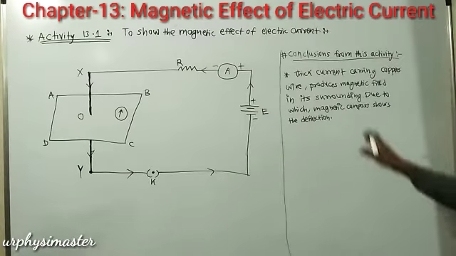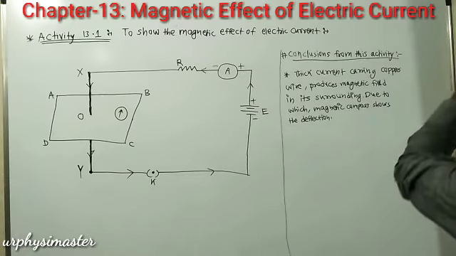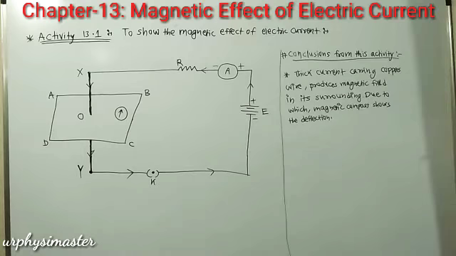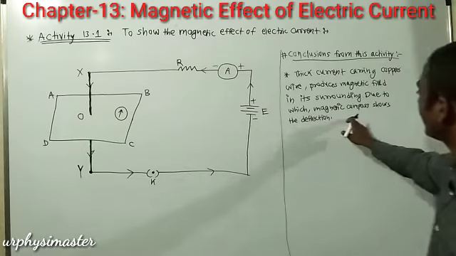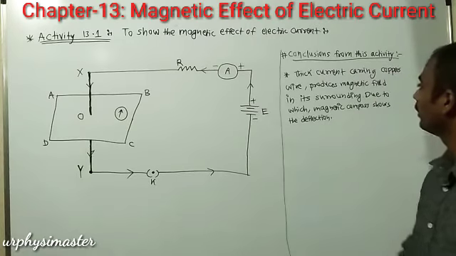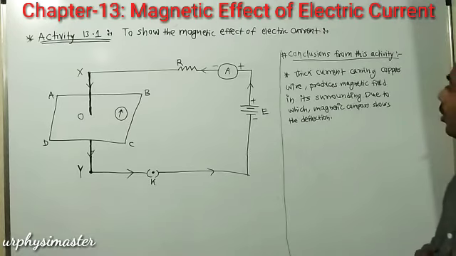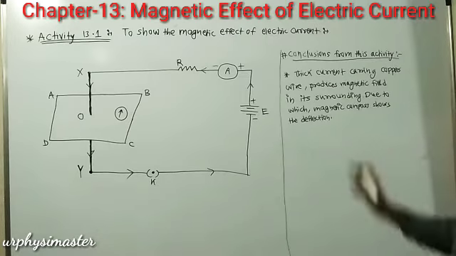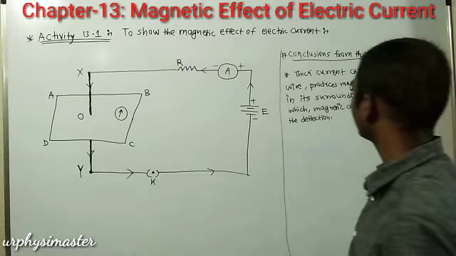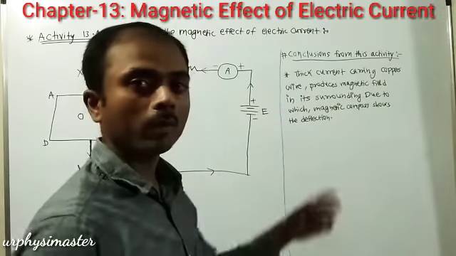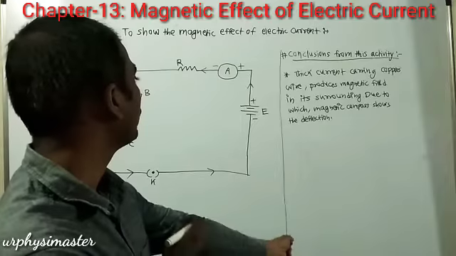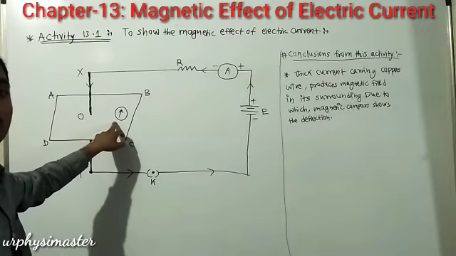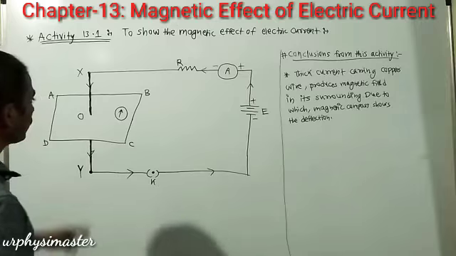Whenever there is a current passing through the thick copper wire, it produces the magnetic field in its surrounding, and due to which the magnetic compass shows the deflection. So this effect is called the magnetic effect of electric current. Here the thick copper wire is acting like a magnet, due to which this magnetic compass shows the deflection.